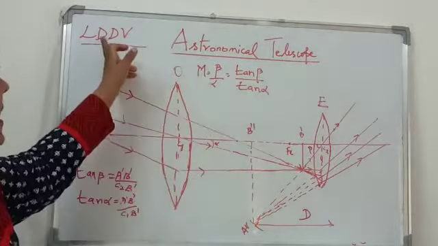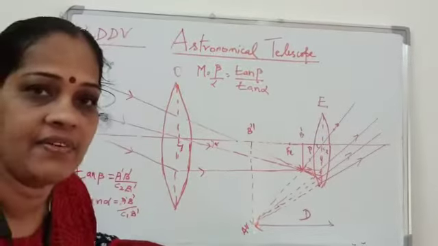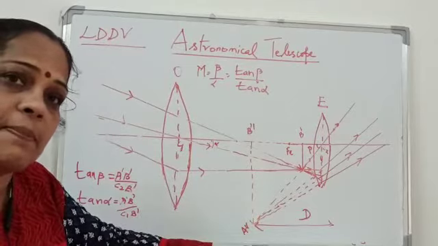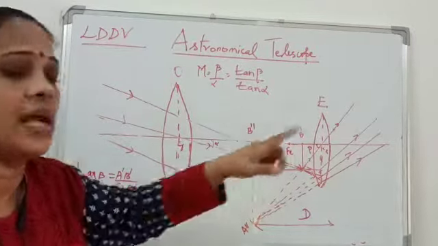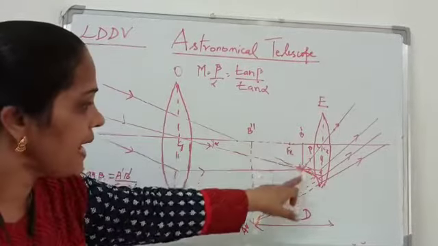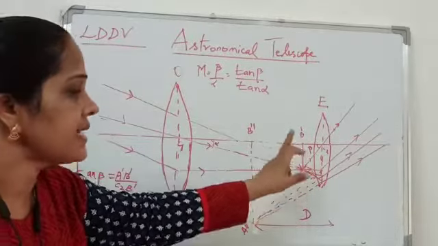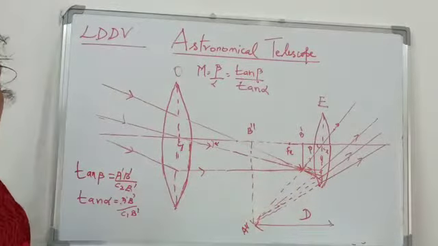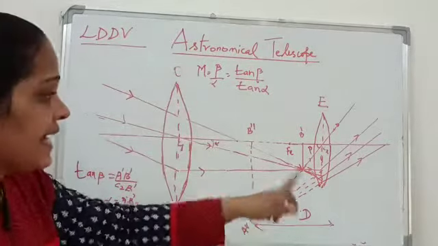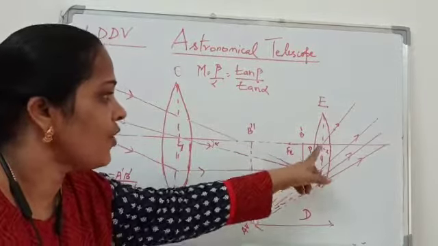Now we have to get the final image at LDDV. So where should the object be placed? The object has to be placed within the focus of the eye lens. Now this image A', B', it acts as the object for the eye lens and its position has to be adjusted such that it lies within the focus of this eye lens.